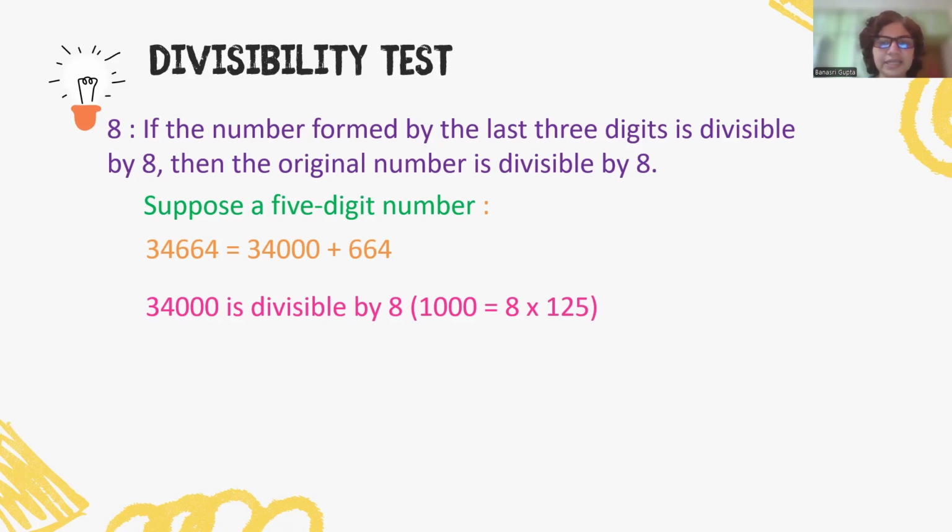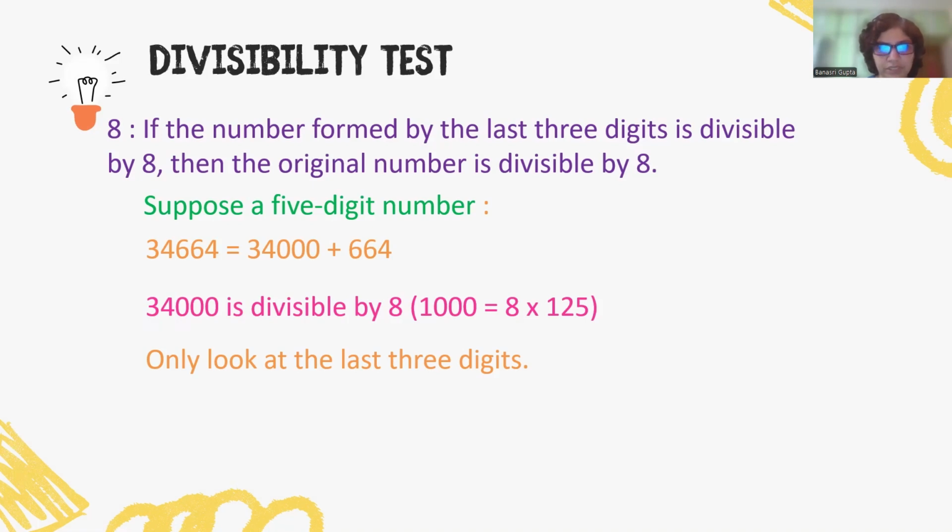Later you will need it in fractions, conversion of fractions to decimals. So just memorize this fact, and you can easily remember it because 1000 is basically 10 cubed. So there are 3 2's and 3 5's. So 2 cubed and 5 cubed, we can separate out. 2 cubed is 8 and 5 cubed is 125.